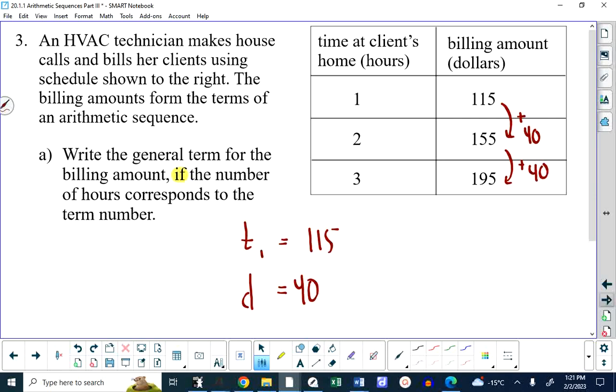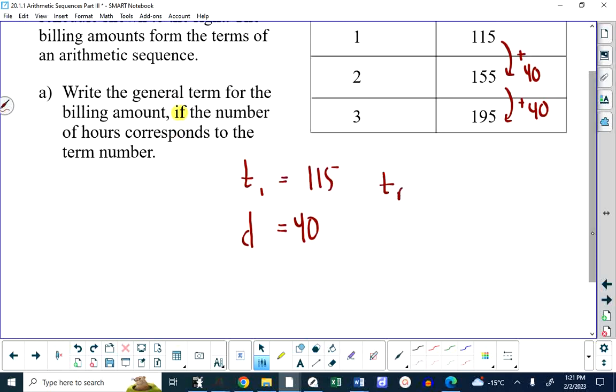But what we're talking about here are the terms being the charges and the term numbers being the number of hours. We throw this into the formula, and we had lots of practice with this yesterday.